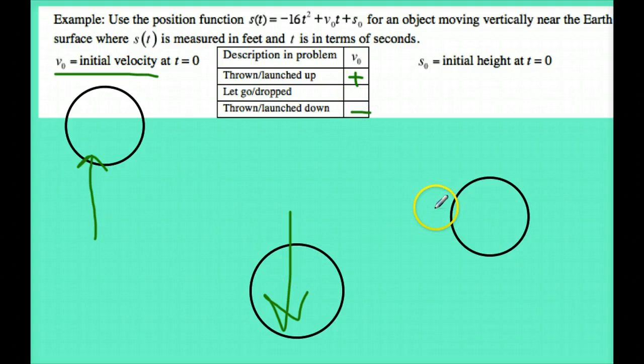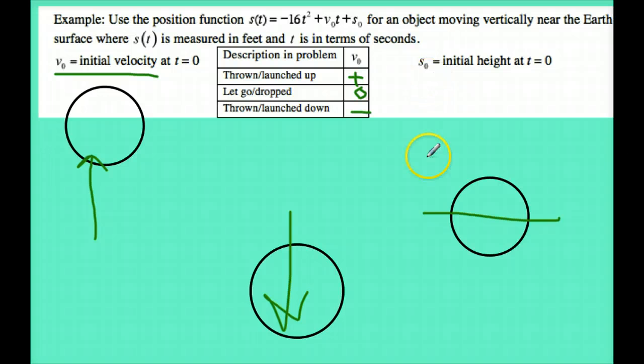What do you think is going to happen if somebody's holding this ball and they let go without throwing it down? Well, technically the initial velocity is 0 because there's no force being applied to it. Since I'm on level ground and it's just going to be dropped, we're going to say that it has an initial velocity of 0.